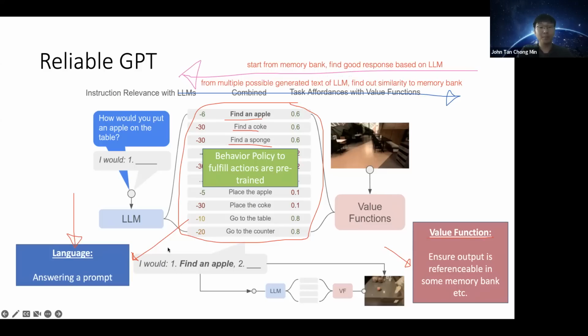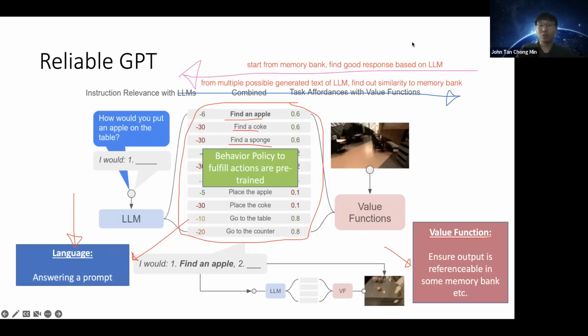It may not be just one probability multiplied by another, because you need to do things iteratively. It has some semblance to Stable Diffusion, where you iterate. So eventually the output is both plausible to the LLM and highly linked to the references stored in your memory bank. These are just some ideas I have.